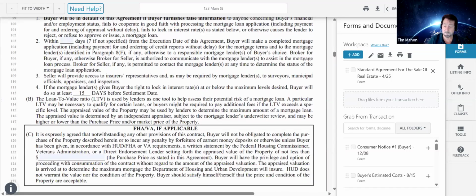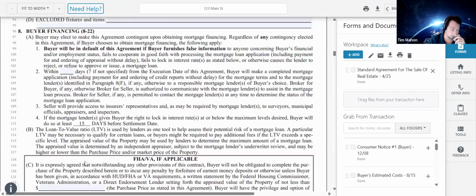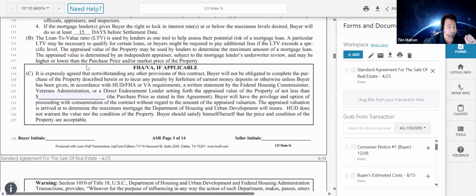The loan to value is the difference between the equity you put in up front, which is your deposit or down payment, and the amount that you're financing. We'll cover that in more detail in a minute. Regarding the financing, if your buyer is doing FHA or VA, or actually this even applies to any other government financing, which is USDA, PHFA, FHA, things like that, then you must fill in this line right here, which is the purchase price as stated in the agreement.